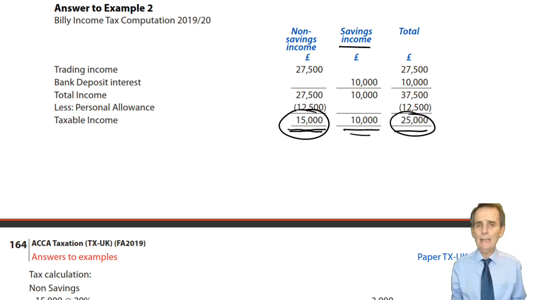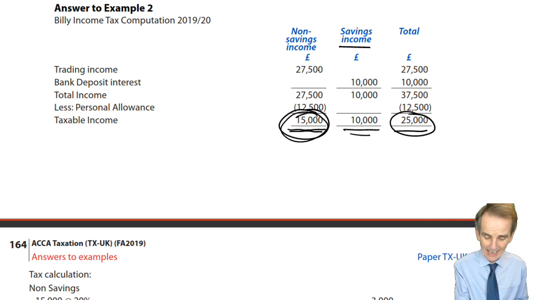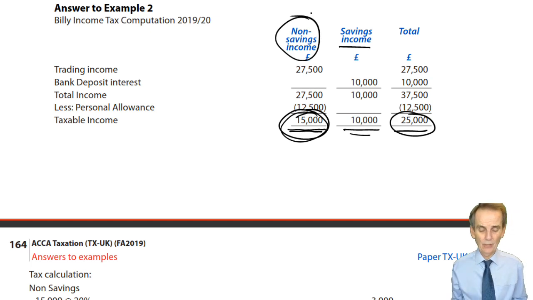What does it mean? It means there is no 0% starting rate band to apply to your savings income. You only get that or any part of that £5,000 starting rate band if the taxable part of your non-savings income is less than £5,000. It isn't. It is of course there 15,000, and that means no 0% starting rate.